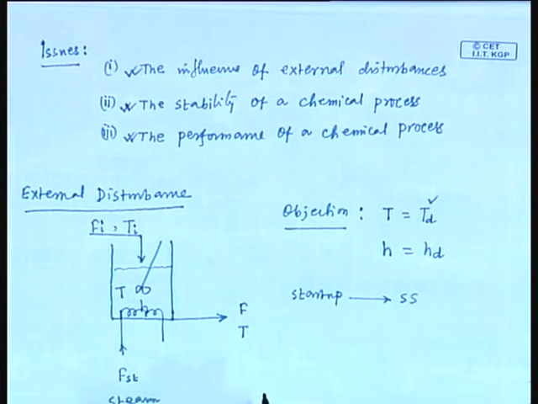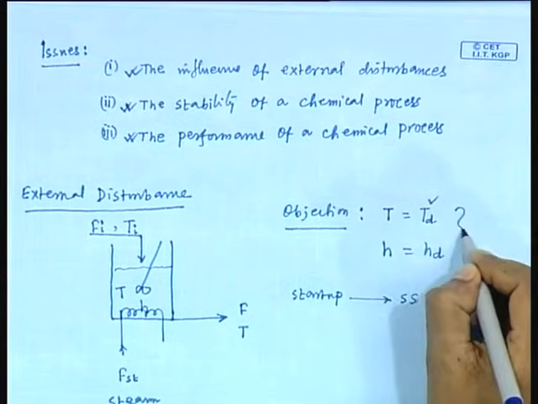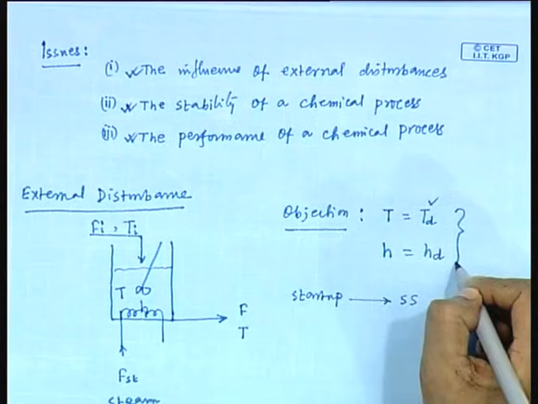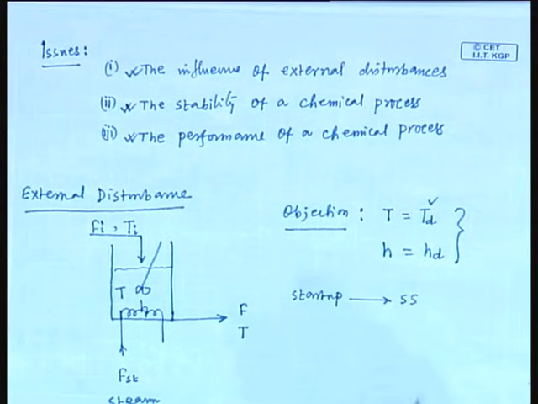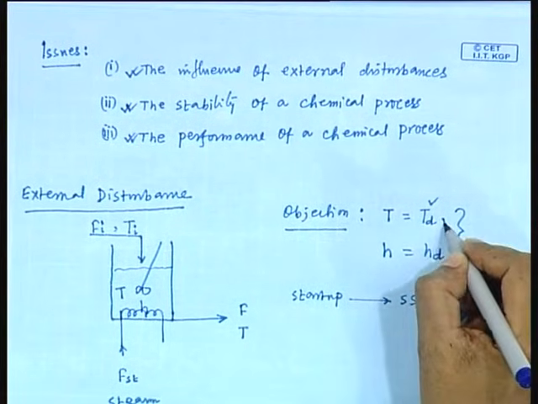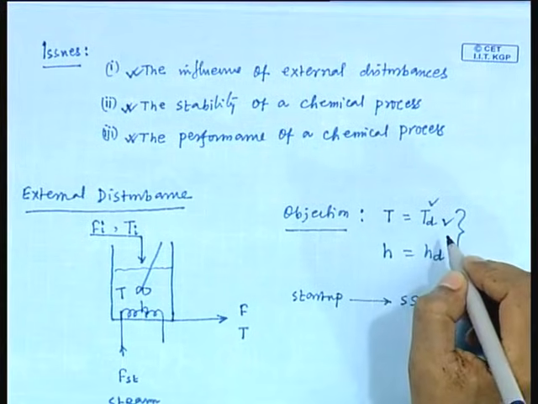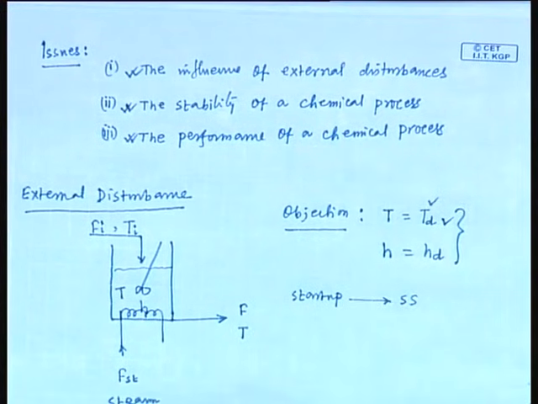So, this is the practical case where the input variables may change with time, and that is why we need to devise a control system. Now, question is how we can devise that control system and how we can keep these objectives. Say for example, we are considering the first objective, I mean we need to maintain the temperature at its desired value. How we can maintain that?